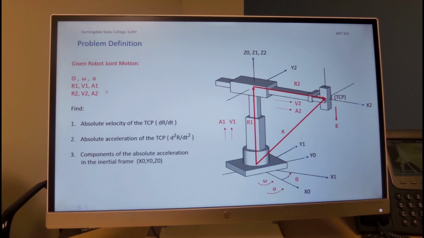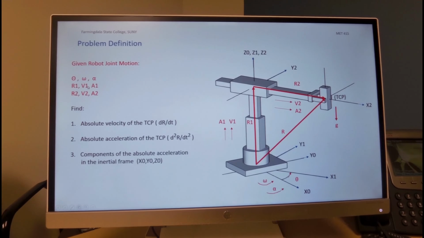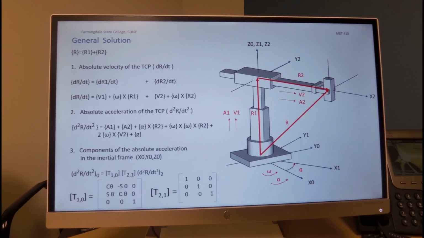What's given to us is the joint motion of the robot, including theta, omega, alpha, r1, v1, a1, r2, v2, a2. So given all of that, we're looking for the velocity and acceleration and components in the absolute coordinate system.